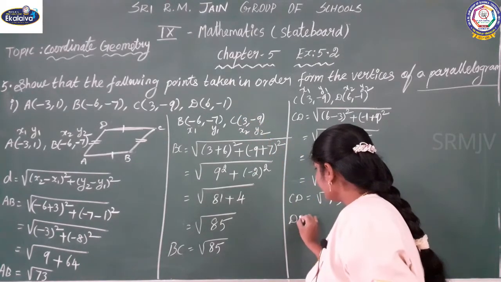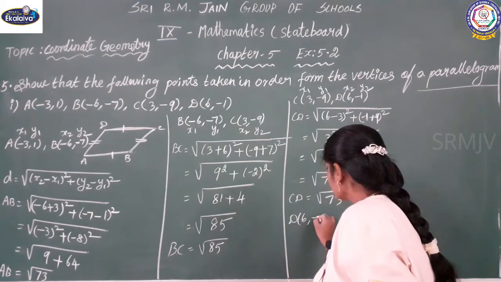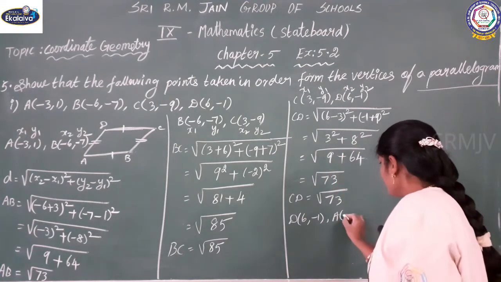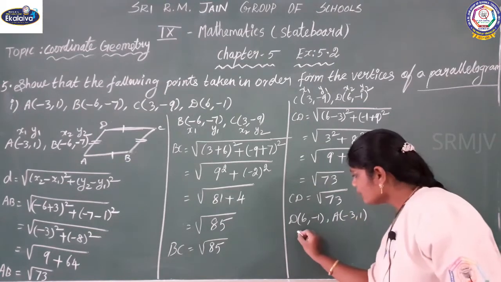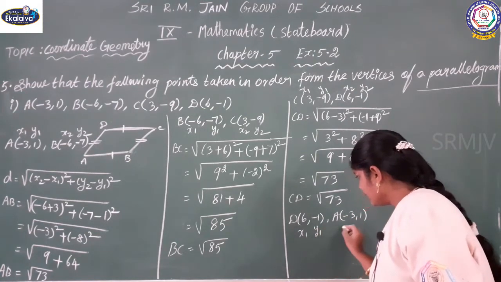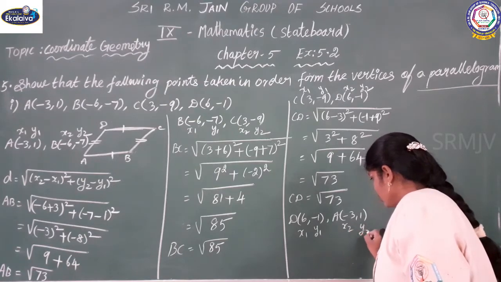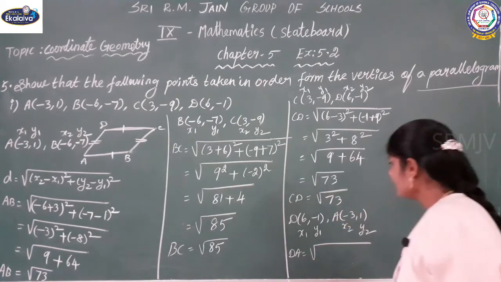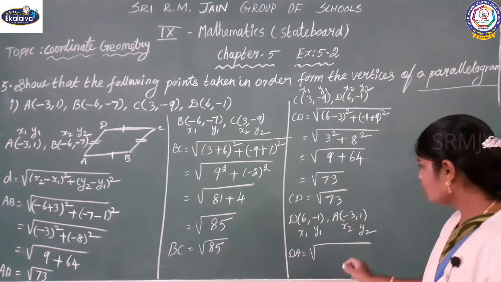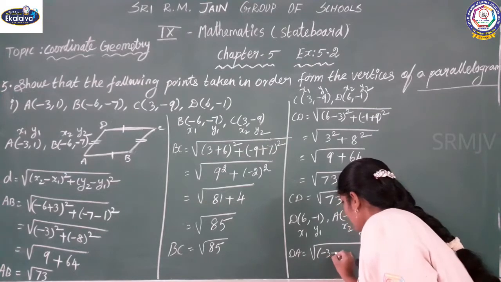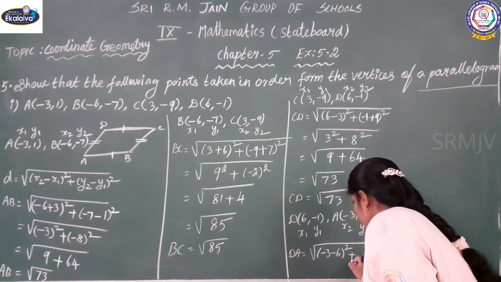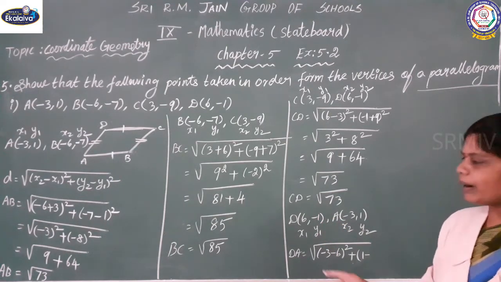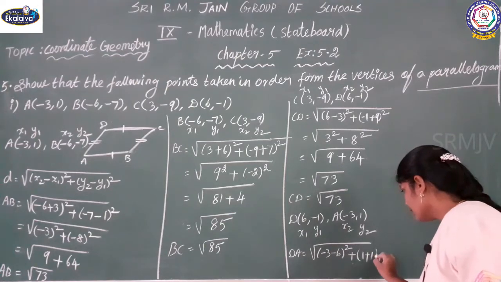Okay. So take the D coordinates 6, minus 1 and A coordinates minus 3, 1. So this is x1, y1, x2, y2. So the distance of DA equal to root of x2 minus x1. So minus 3 minus 6 the whole square plus y2 value 1 minus of minus 1. So minus into minus plus 1 the whole square.